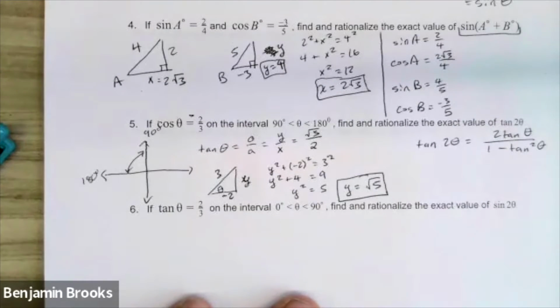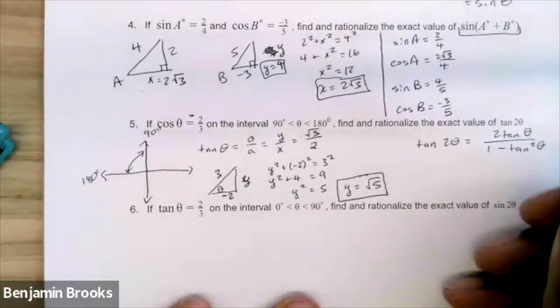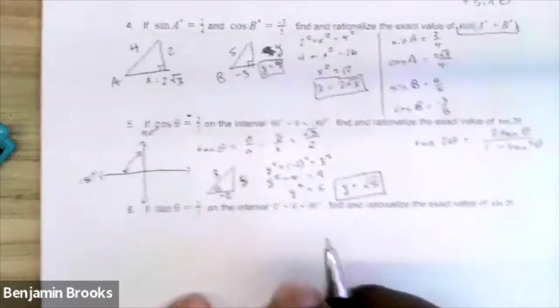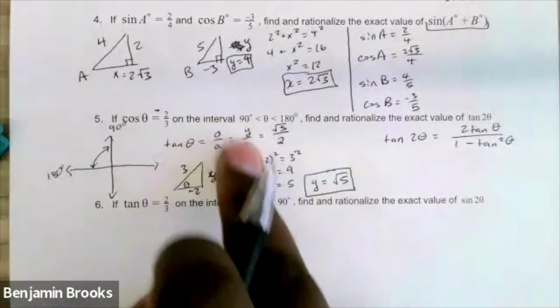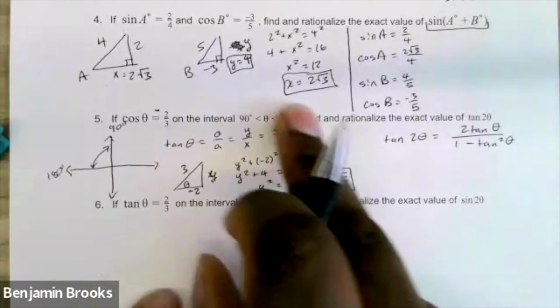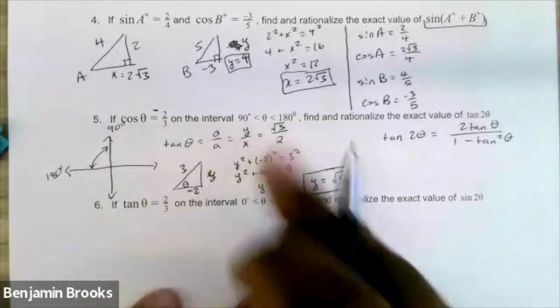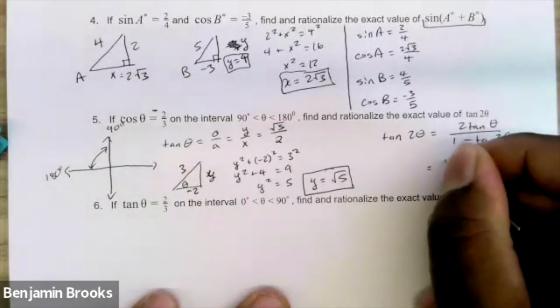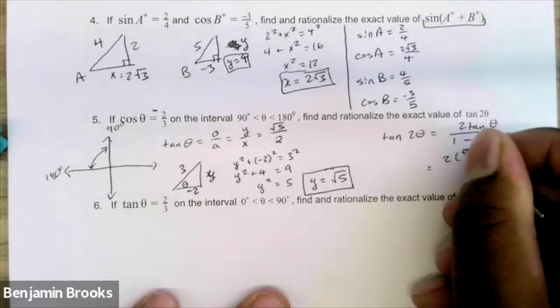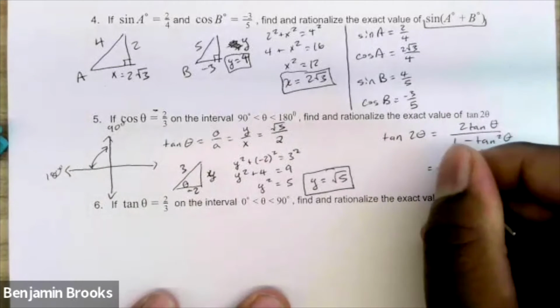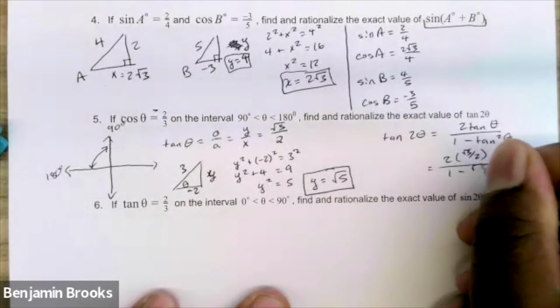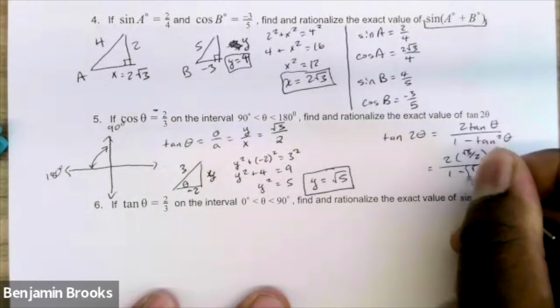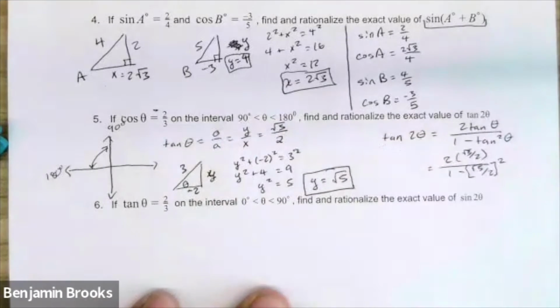Okay. And so wherever tan theta was, we're going to replace it with √5 over 2. So you end up with 2 times √5 over 2 over 1 minus √5 over 2 squared.